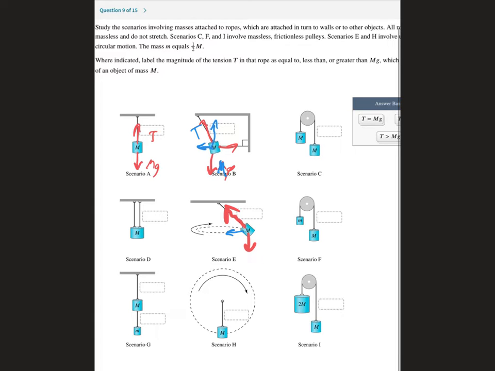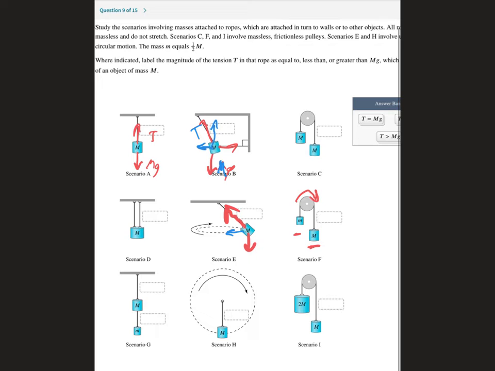Scenario F and scenario I are accelerating. So when we look at our forces, they're going to be unbalanced because we have a bigger mass here, a smaller mass there, which means it's going to be rotating as it accelerates in the direction of the larger mass.